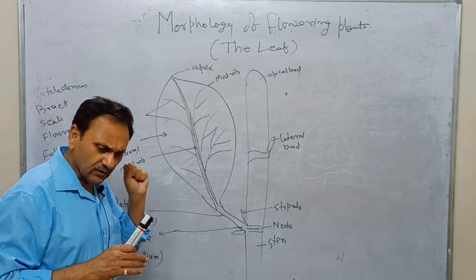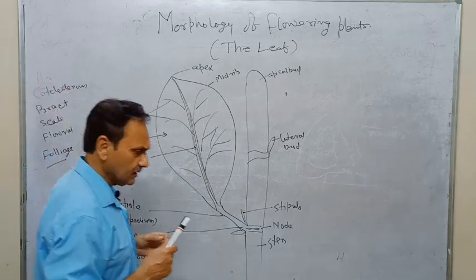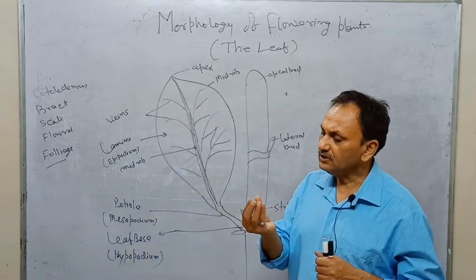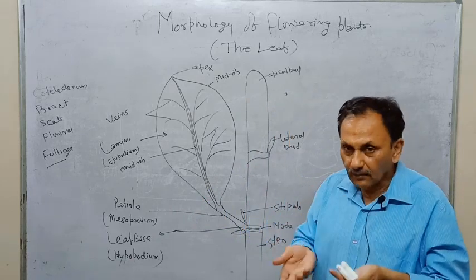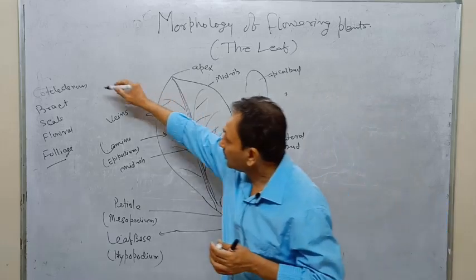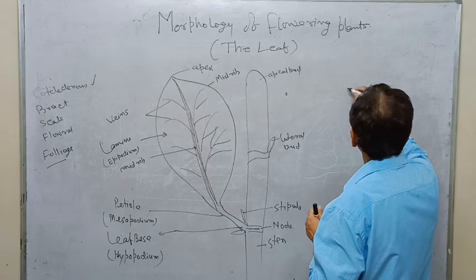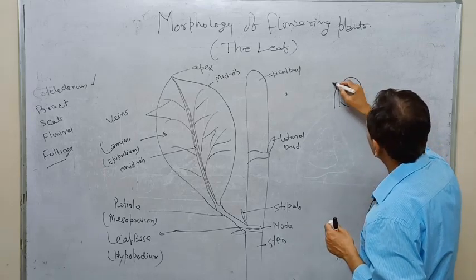It has been observed that in certain dicotyledonous seeds, at the time of germination, the cotyledon retains certain food materials and comes out on the soil and becomes green. This type of leaf is called cotyledonous leaf, and it has been observed in certain plants when they germinate.